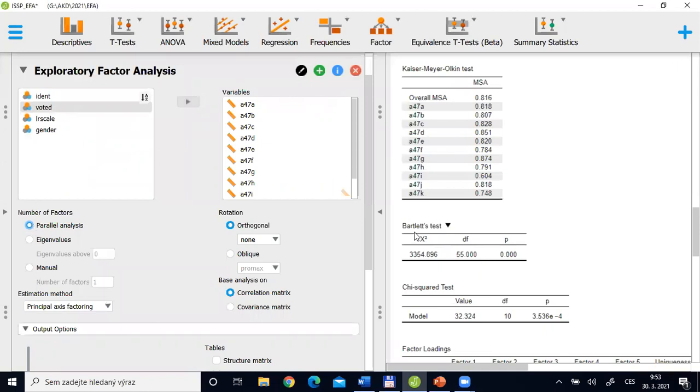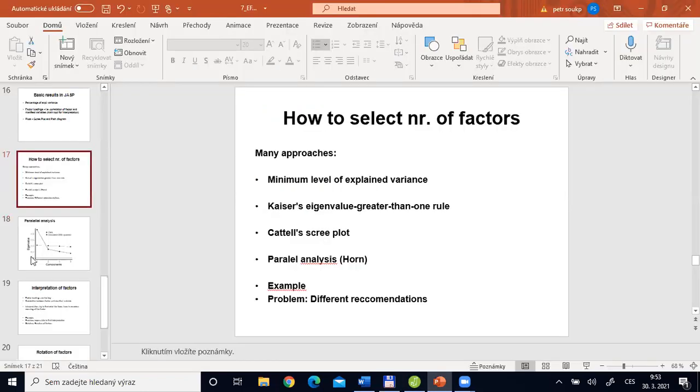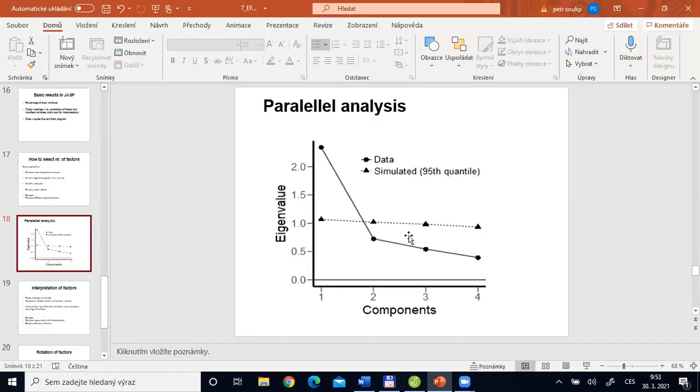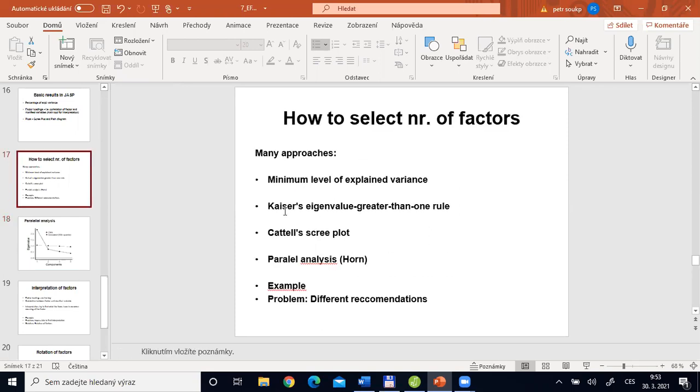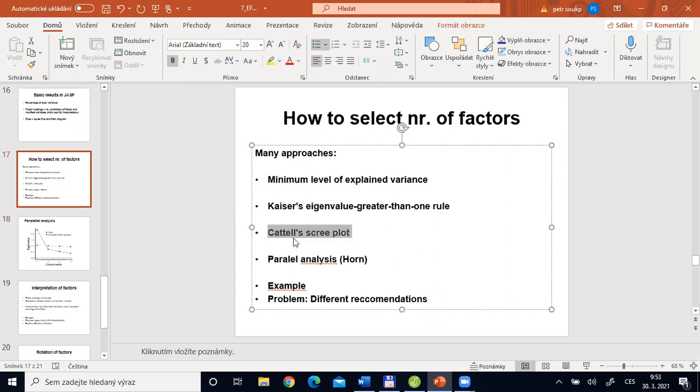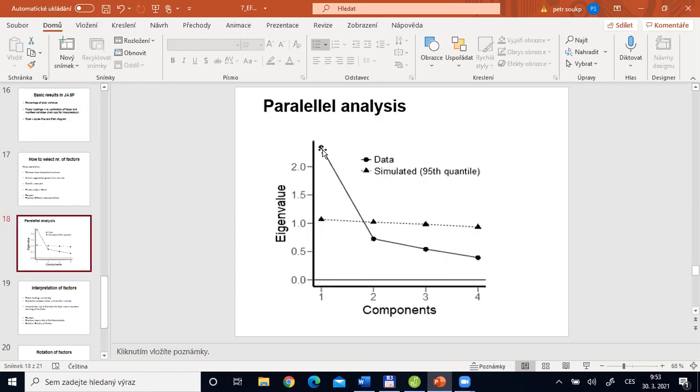And the next rule, and we can go once again to the presentation to this example chart. This rule, which is called Cattell's Scree Plot, says, okay, let's take this picture of the solid line of real eigenvalues for my data and try to find where this pattern of going down is changing its shape.